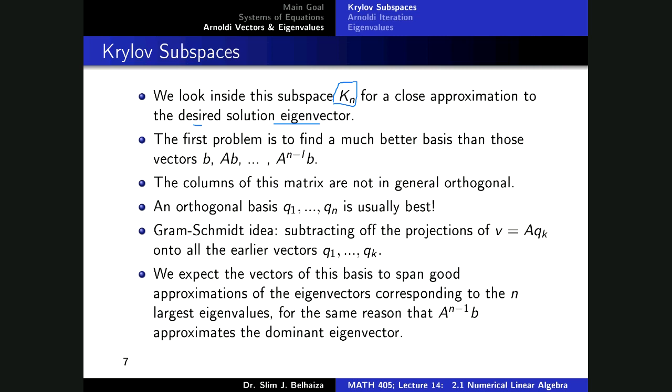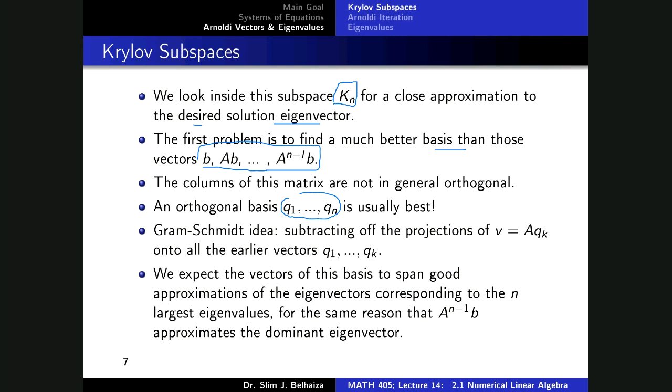So the first problem is to find a much better basis than those vectors which are not orthonormal. The best way to do that is to define a new basis, Q1 to Qn, and we will do it by what we call the Arnoldi iteration.